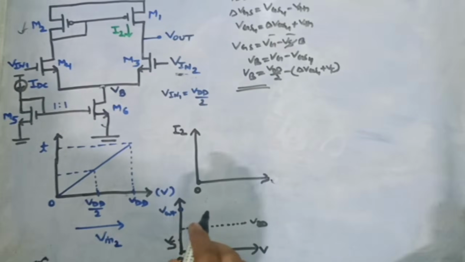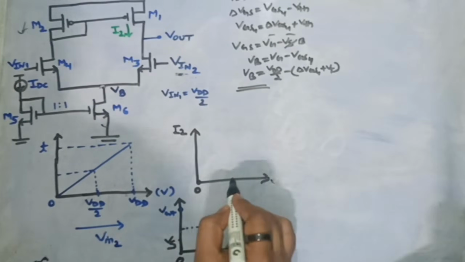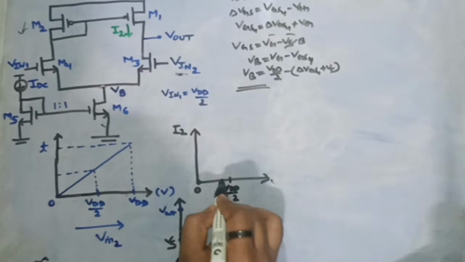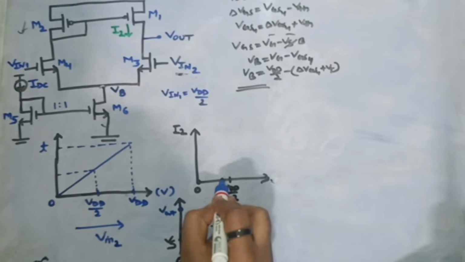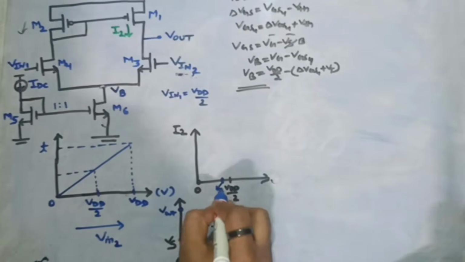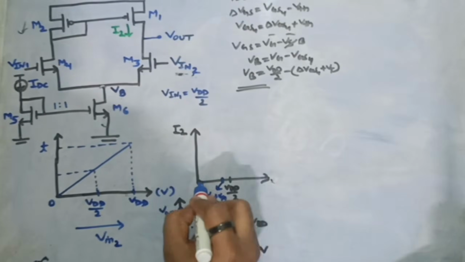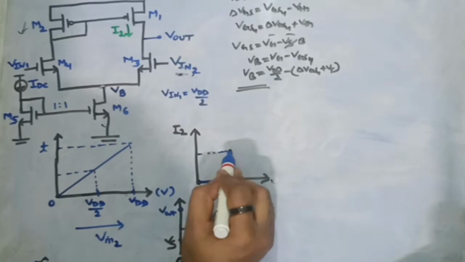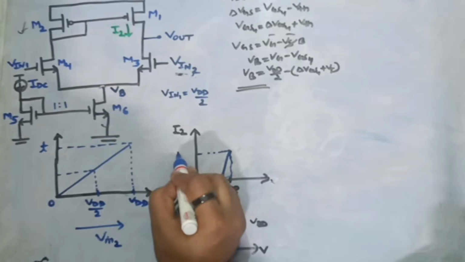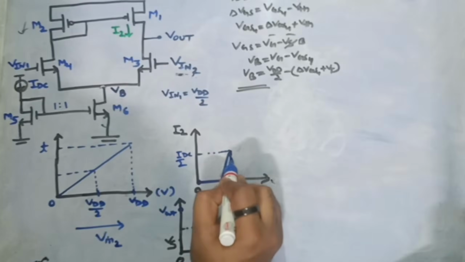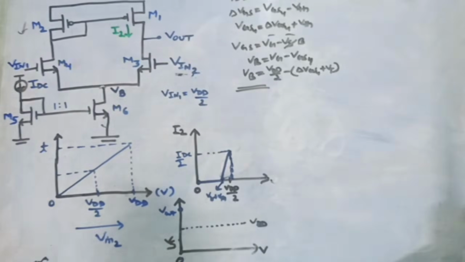So if I have to draw the waveform, let's say this is VDD by 2 for me. Slightly before that, when Vin2 is VB plus VT, current will start increasing, and at VDD by 2 it will reach exactly IDC by 2, and before that it will start rising as our Vin2 changes.